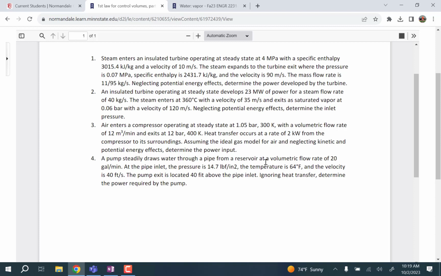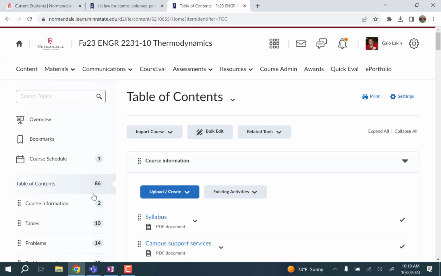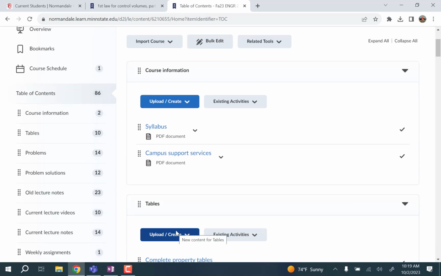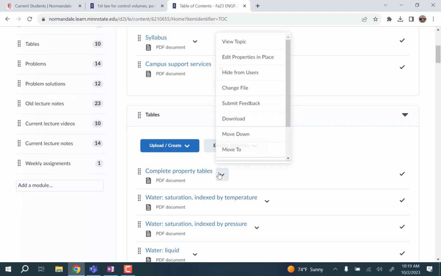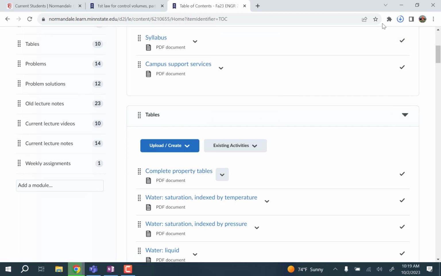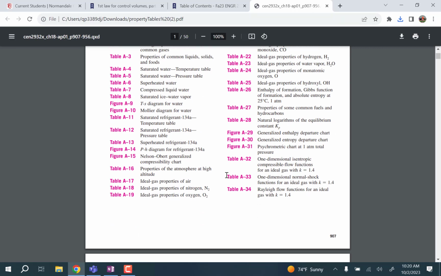Because all of our tables are in SI units, I don't think we have any in those units. Let me look at one thing real quick. The U of M has an available textbook, Fundamentals of Engineering, that has the imperial tables, I believe. All right, so let's see.